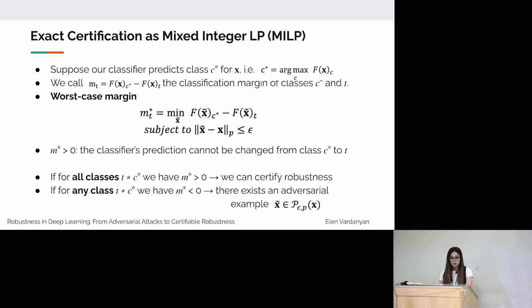And if for some class we don't have it, then there exists an adversarial example in this perturbation set.